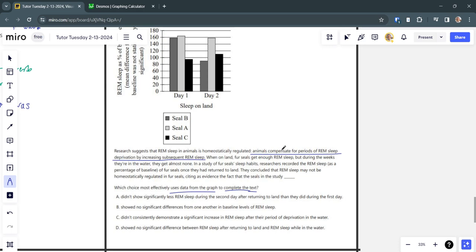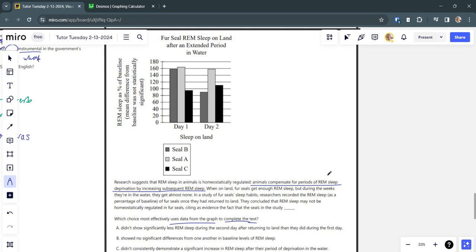When on land, fur seals get enough REM sleep, but during the weeks they're in water, they get almost none. In a study of fur seals' sleep habits, researchers recorded the REM sleep of fur seals once they had returned to land. They concluded that REM sleep may not be homeostatically regulated in fur seals. Okay, so they may not be compensating for periods of REM sleep deprivation by increasing their subsequent REM sleep.